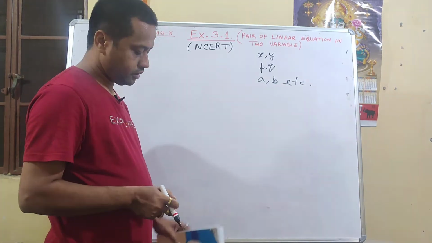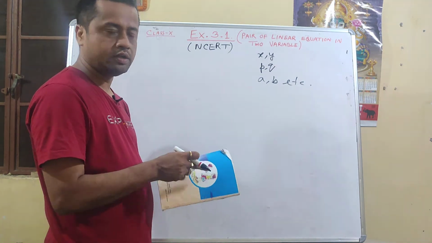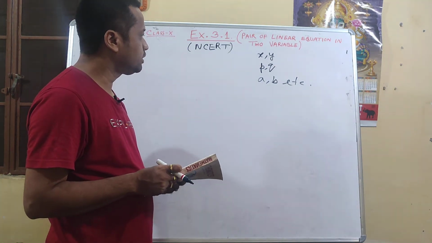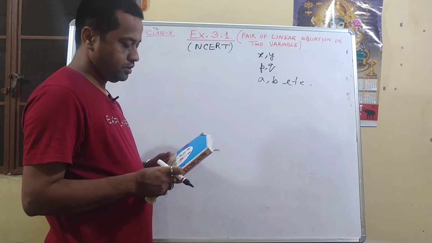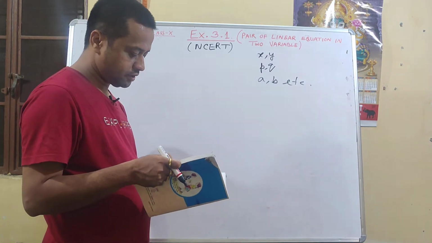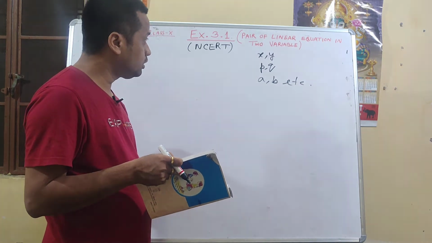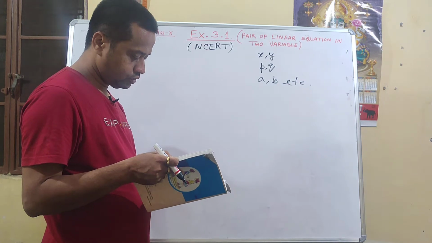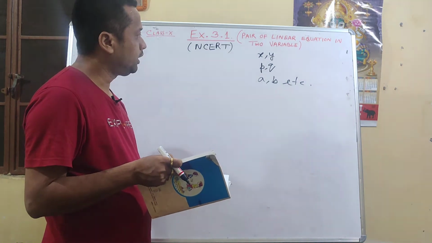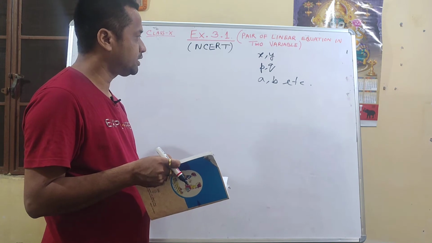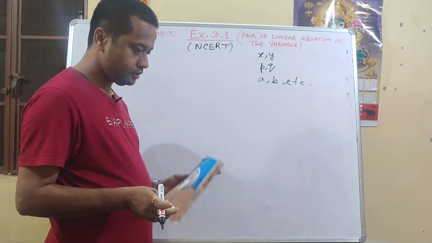In exercise 3.1, the questions deal only with the formation of linear equations. You have to just form the linear equations in the given questions, and these are all in two variables. It may be x y, p q, a b, etc. So let us go to the first question directly.